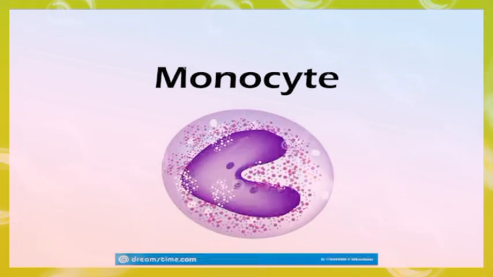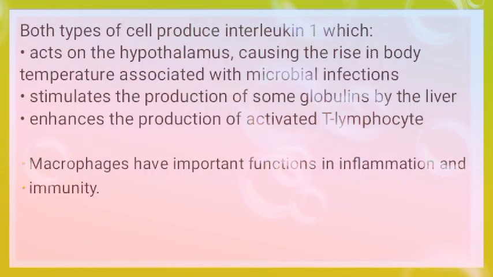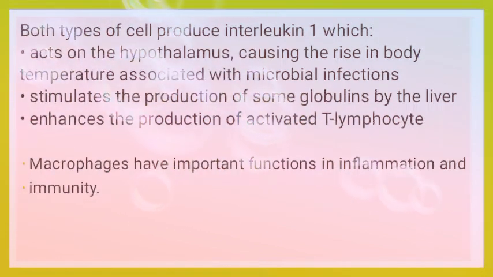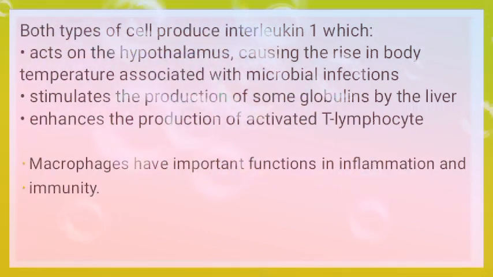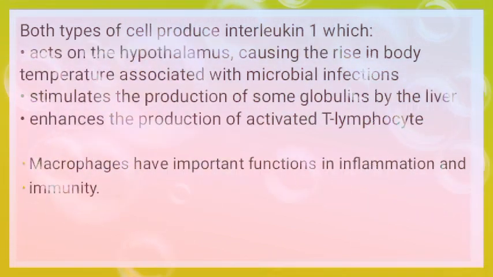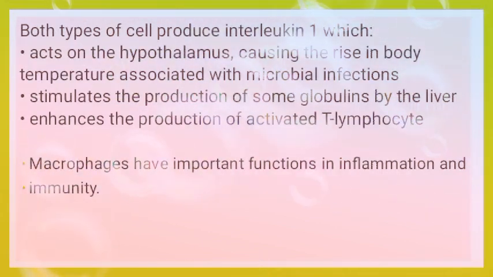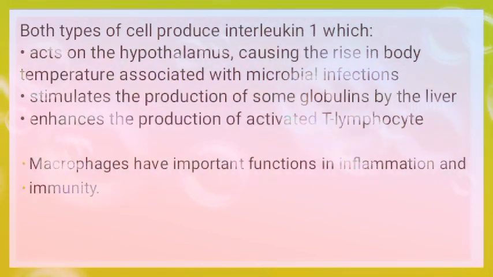And this is the type of the monocyte that we are talking about. That's how it appears. And this is the lymphocyte. So we're saying that both types of cells produce interleukin 1. This interleukin is the substance that is produced within these cells, and its function is to act on the hypothalamus so as to increase the body temperature in an instance where there's a microbial infection.